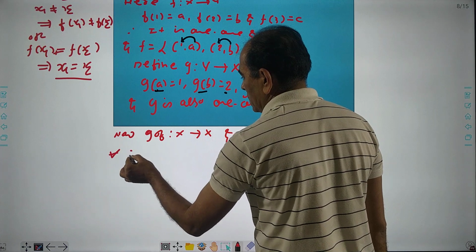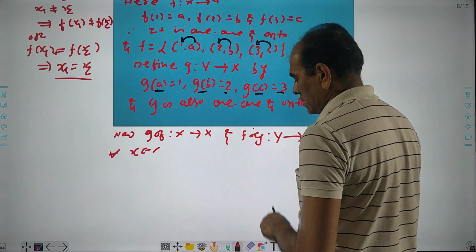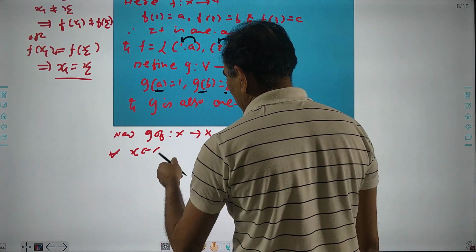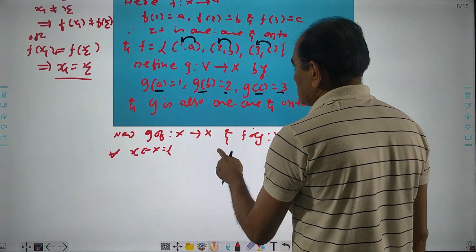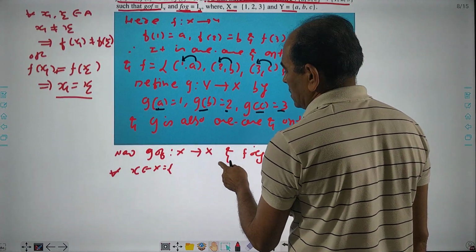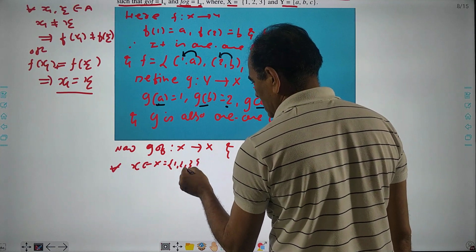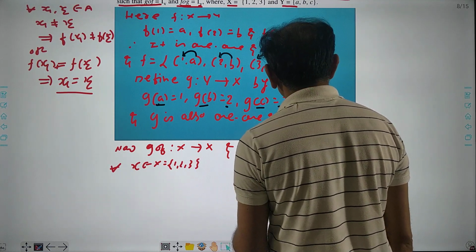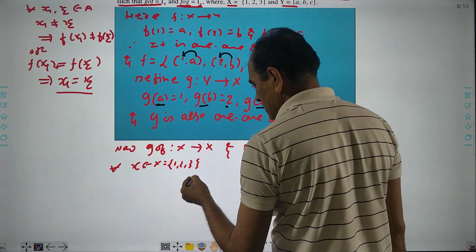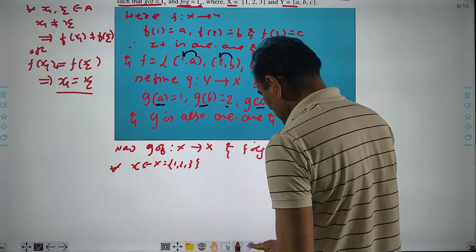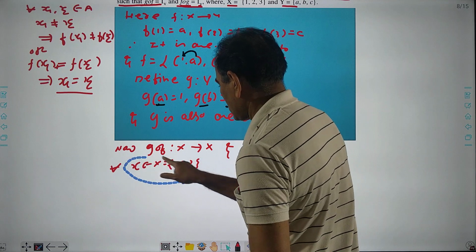And therefore for all x belongs to X, x is nothing but, see, what is x? 1, 2, 3, and what is y here? Already seen that. So for all x belongs to X, in this way 1, 2, 3, or we can take one by one image also.